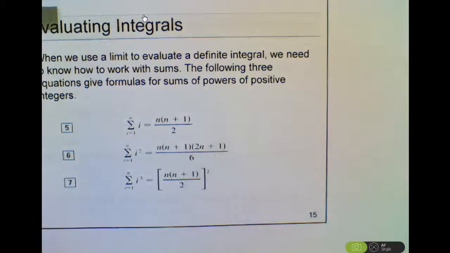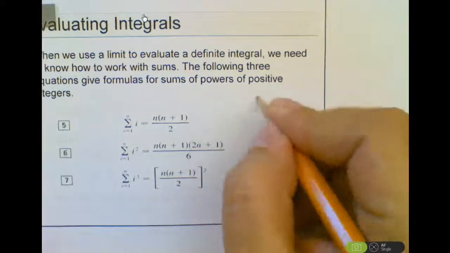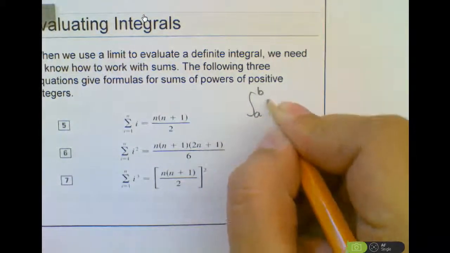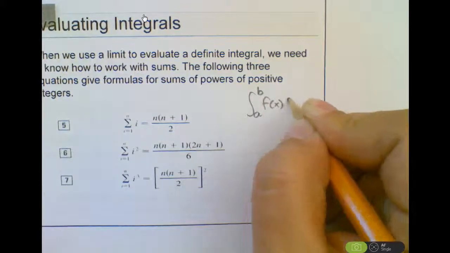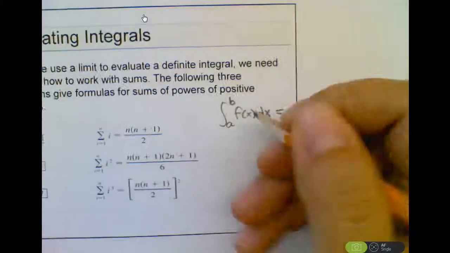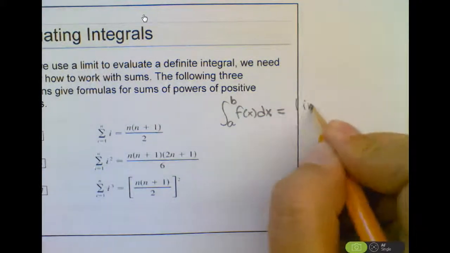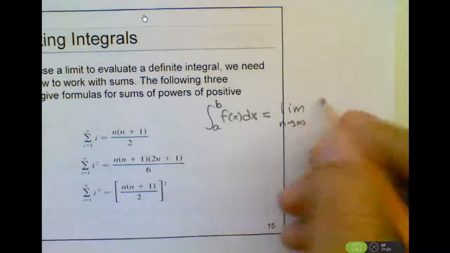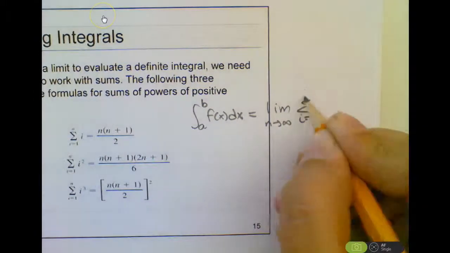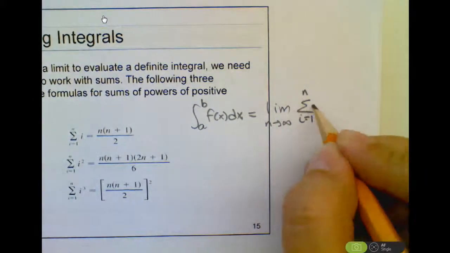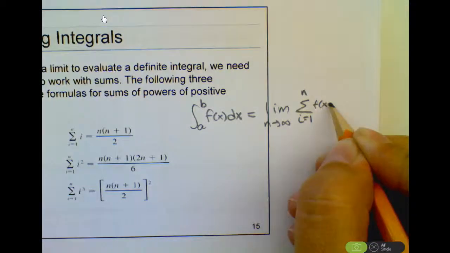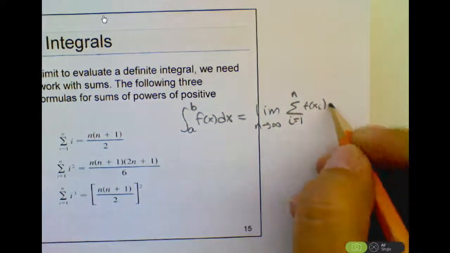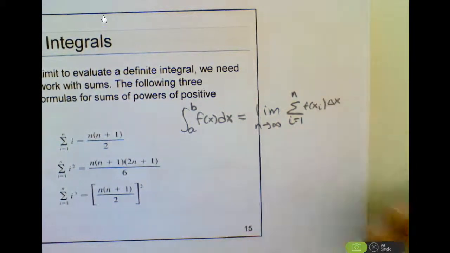So I want you to have something very clear. If we're using an integral, we're going to learn 2 different ways of dealing with this. This is the limit as n approaches infinity of the summation, i equals 1 to n, of f of x sub i delta x.